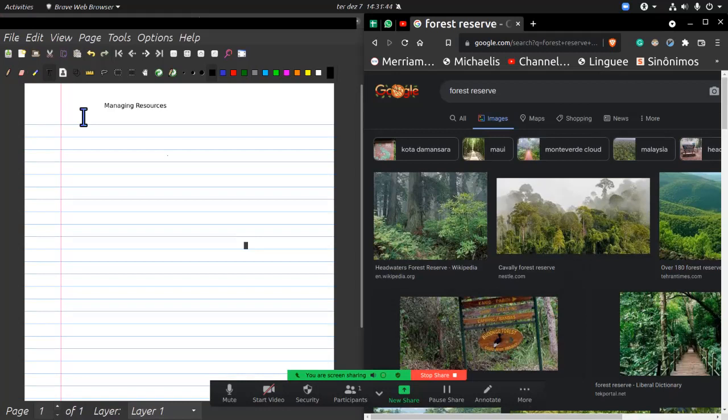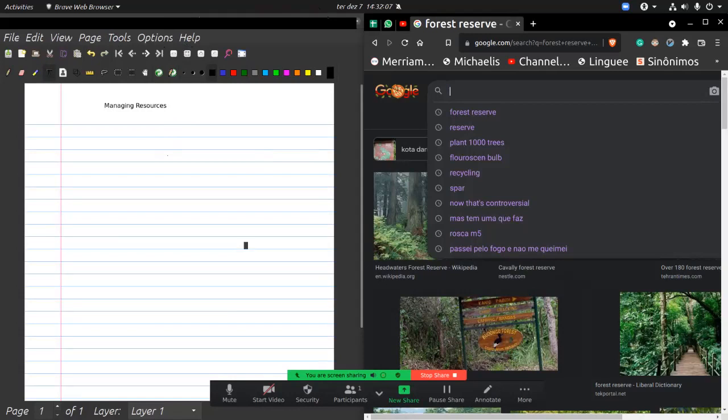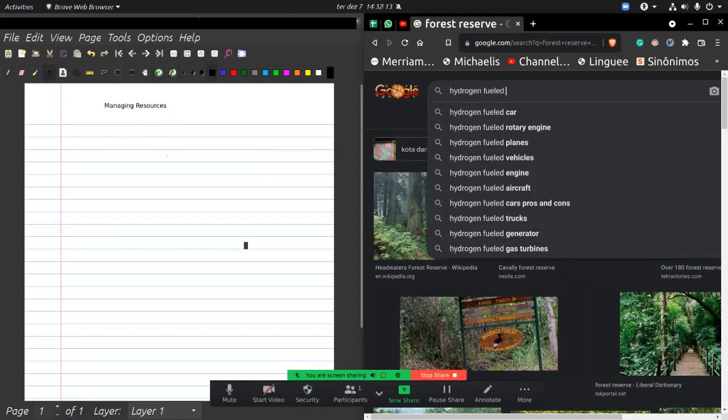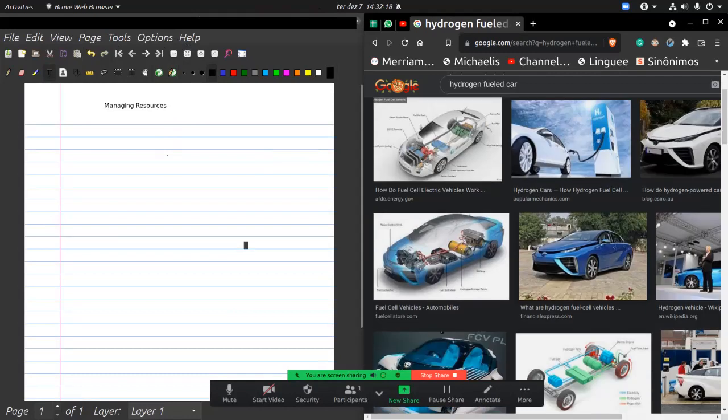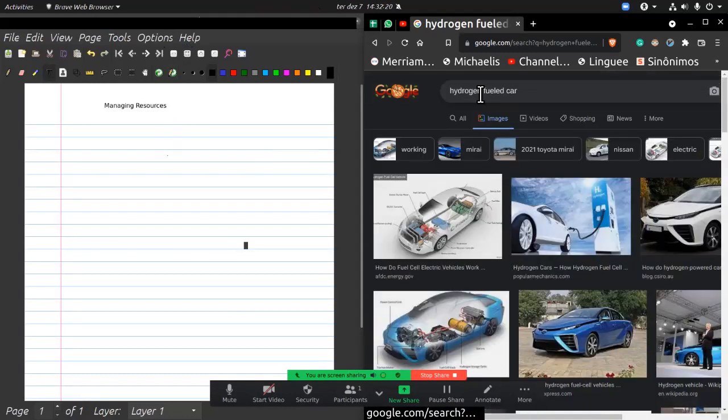Also, people are doing other things. For example, cars, instead of using gasoline, use other things, like the rocket that uses hydrogen, a hydrogen-fueled car, for example, or we have electric cars.